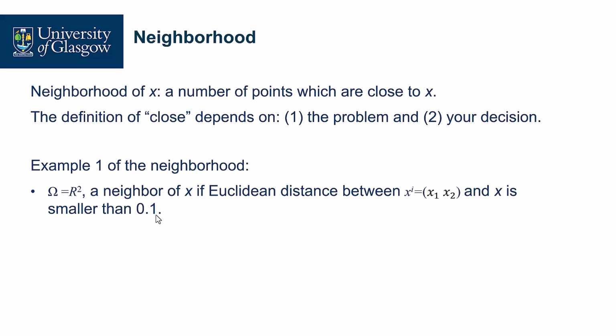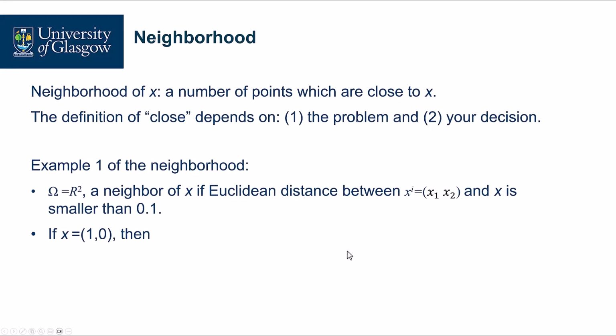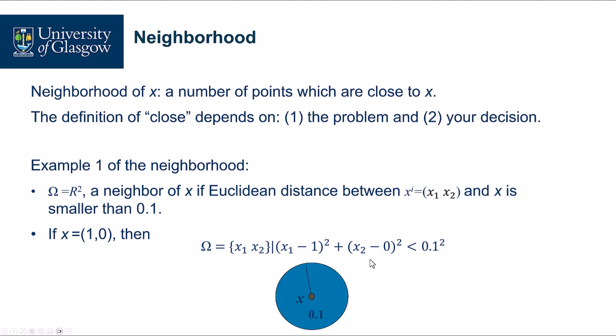So consider if x is (1, 0), then how do we define the neighborhood according to my choice of 0.1 and the problem itself with real parameters? We can see that (x1 minus 1) to the power of 2 plus (x2 minus 0) to the power of 2 is smaller than 0.1 to the power of 2, right? So this is a circle with a radius of 0.1.